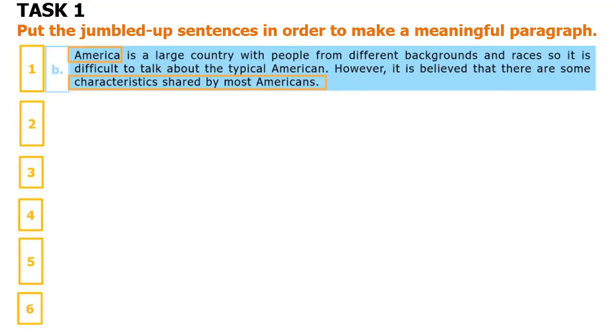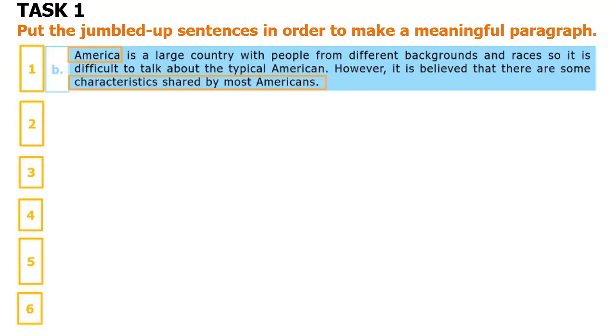As the topic of the test is typical American characteristics, the first sentence provides some general information about the American. The second sentence, however, is believed that there are some characteristics shared by most Americans in the topic sentence.